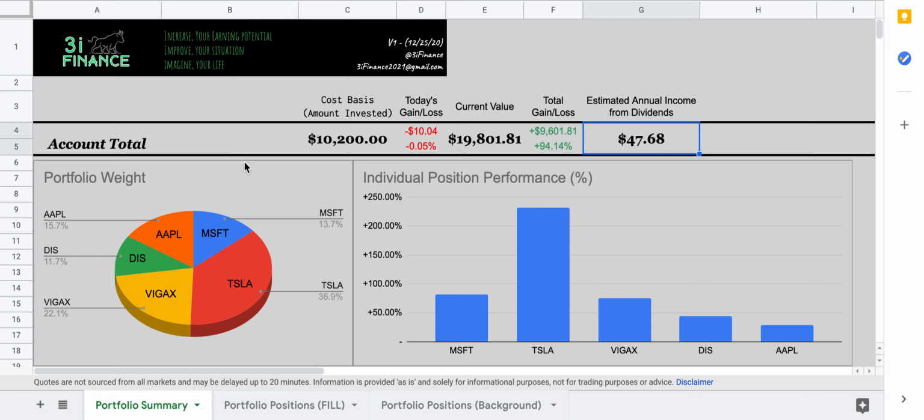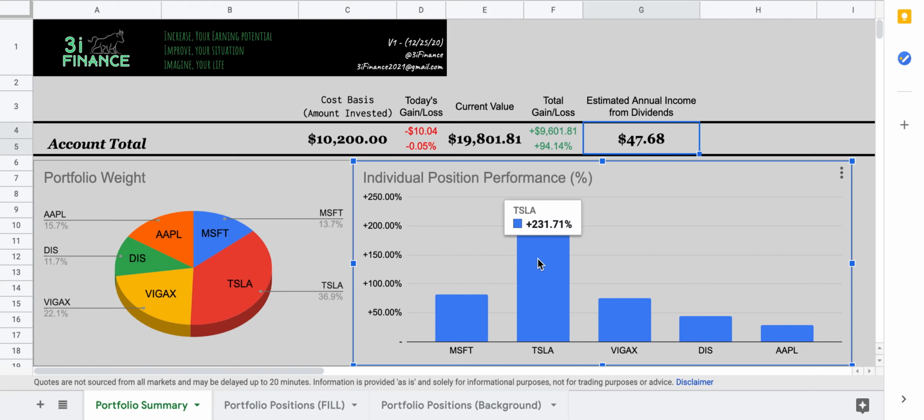So the graphs below visualize the diversification of your portfolio and the individual stock performance of each stock that you own. So as you can see, Tesla has been the highest performer in your portfolio, and because of the amount that you invested into Tesla, it also takes up the biggest portion of your entire stock portfolio.